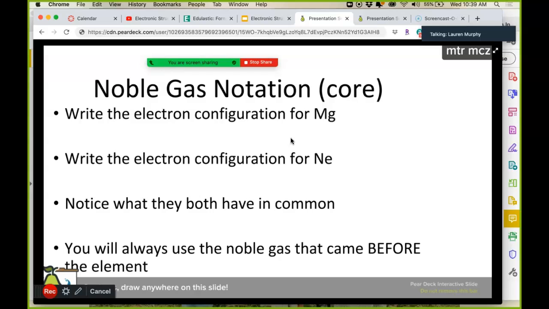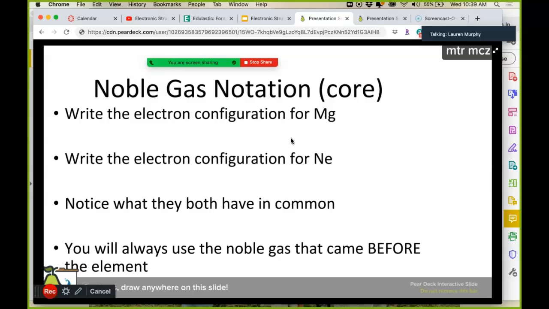And now we're going to do the shortcut way, noble gas notation or core notation, because it's really helpful when you have atoms with, like, 80 electrons, instead of writing 1s2, 2s2... it would be a really long one, right? This will help us do that in a more simplified manner.